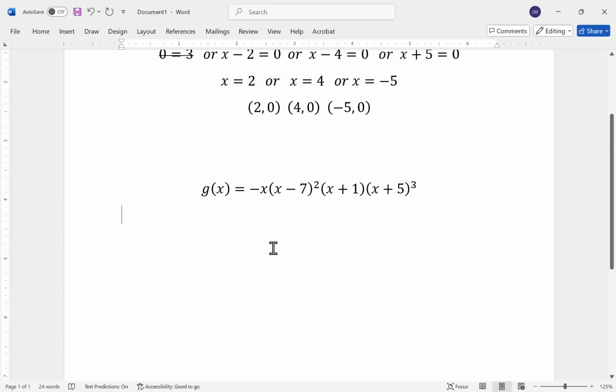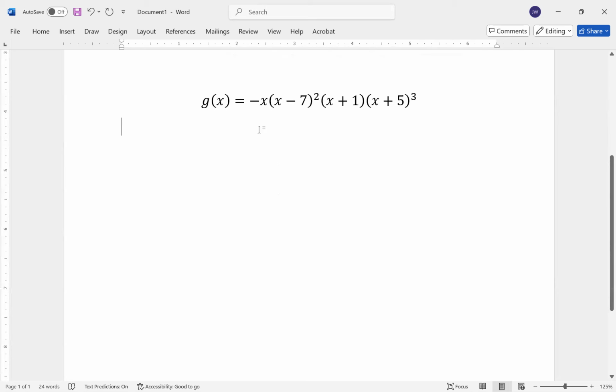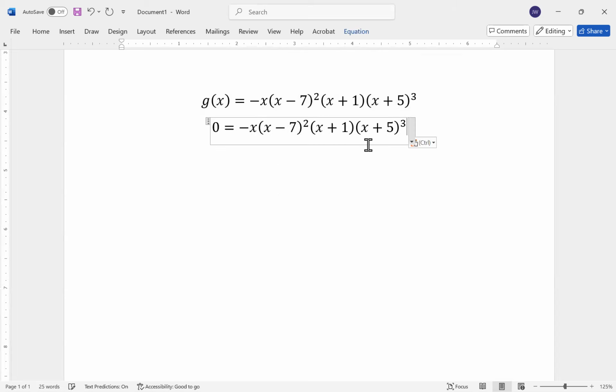In the next example, we have a number of things we can set equal to 0. So, let me start out by saying that in order to find the x-intercepts or the zeros of this function, we'd set each piece equal to 0. So either negative x is equal to 0 or x minus 7 is equal to 0.